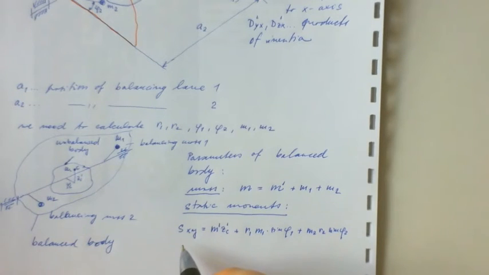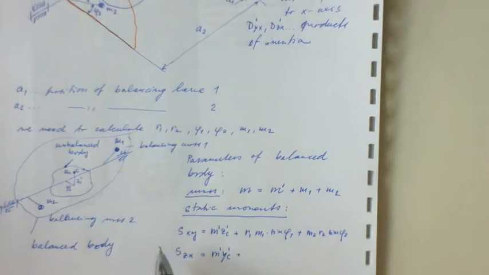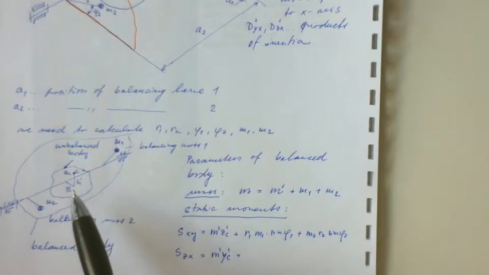Another static moment is Szx. So it is m by yc, and we consider the y coordinate.